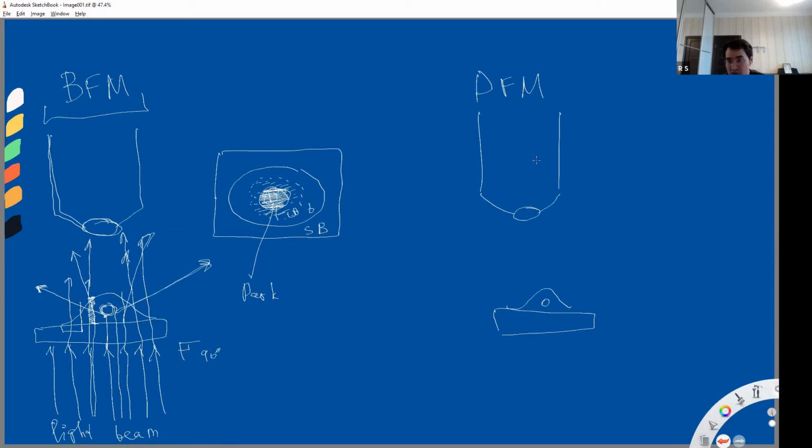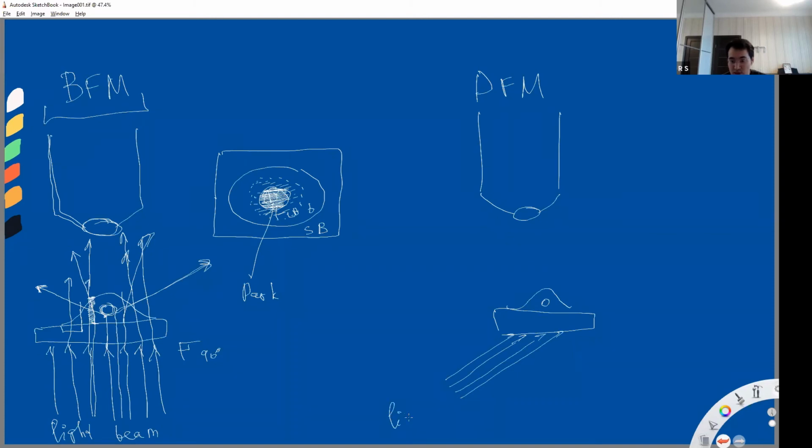In the case of dark field microscopy, we intentionally start illuminating under the angle. So we have this parallel light beam coming like this.